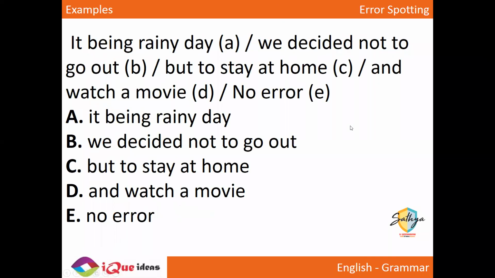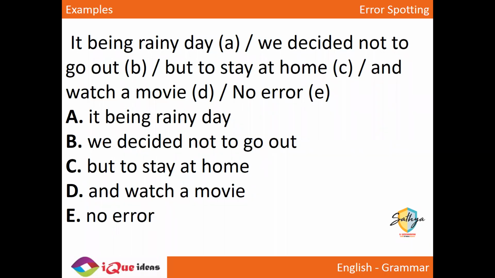Next one. It being rainy day, we decided not to go out but to stay at home and watch a movie. Majority getting it right.